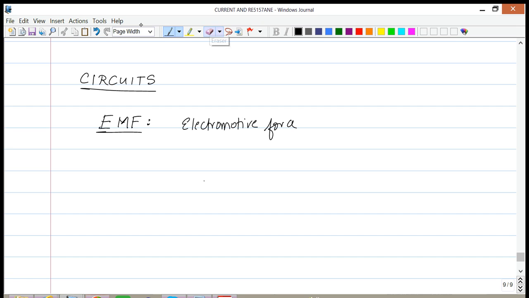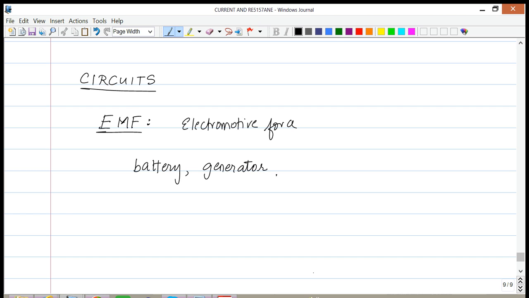In order for there to be a current, there must be something that provides an electromotive force, without which there will be no current in a circuit. The question then becomes, what are the elements in a circuit that are responsible for an electromotive force? Those are simply a battery or a generator.